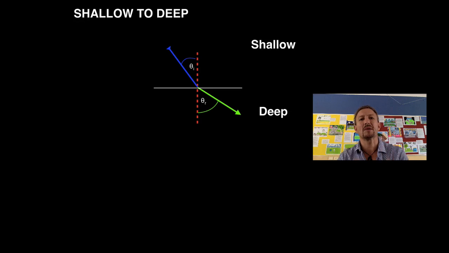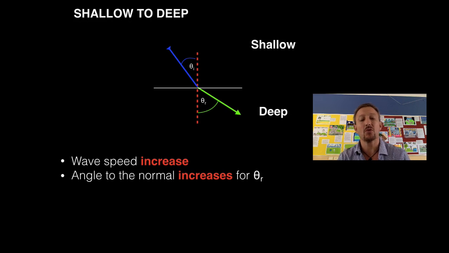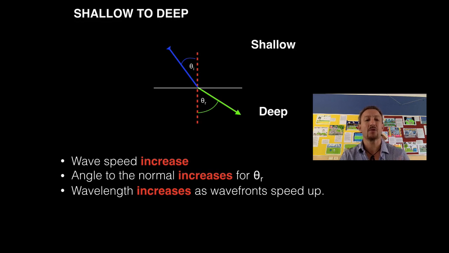Again, the frequency will be constant because the change in wavelength will be directly related to the change in speed. So the wave speed increases, the angle to the normal increases for theta r, so for your refractive angle, and we know that the wavelength increases as the wavefronts speed up, but the frequency will remain constant.